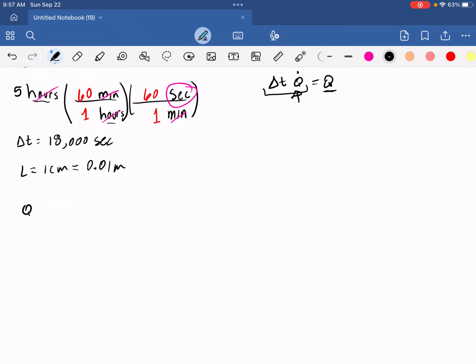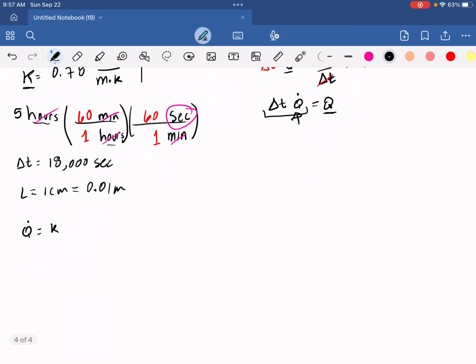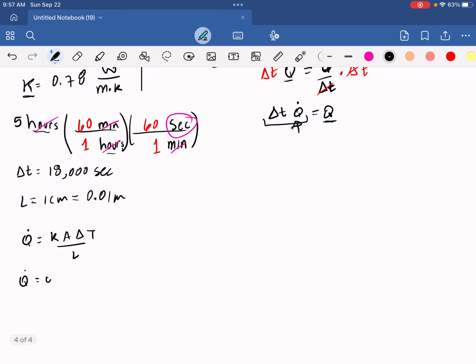So my Q dot is equal to thermal conductivity times area times delta T over length. When I do that, Q dot is equal to thermal conductivity 0.8 watts divided by meter Kelvin.